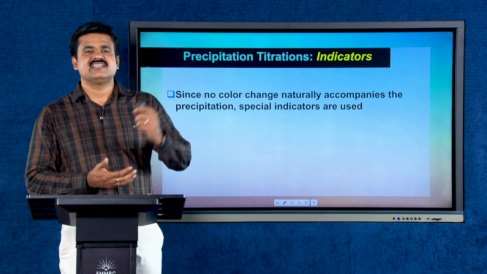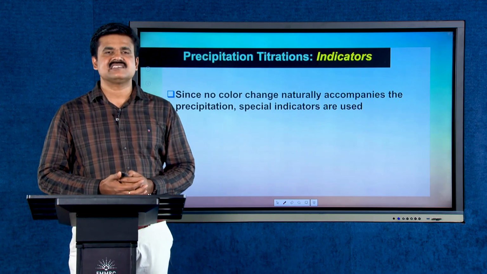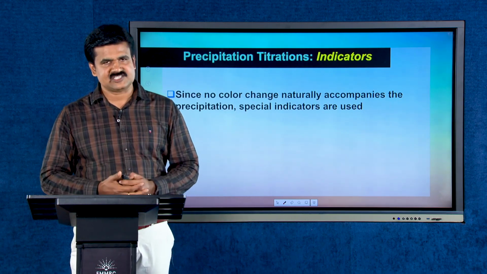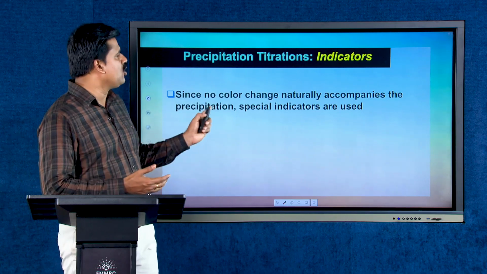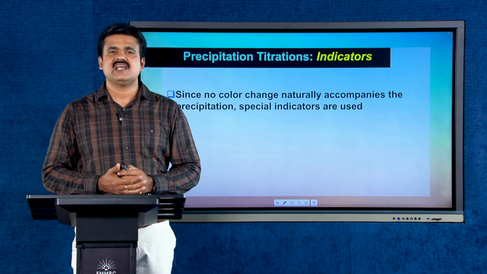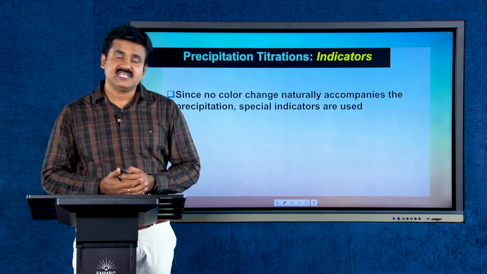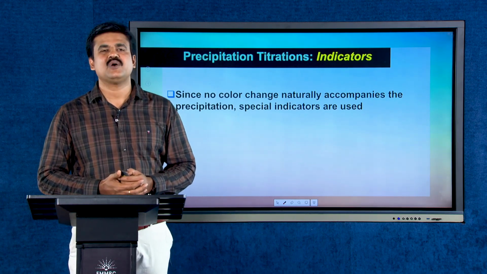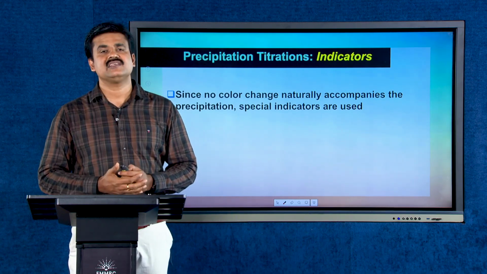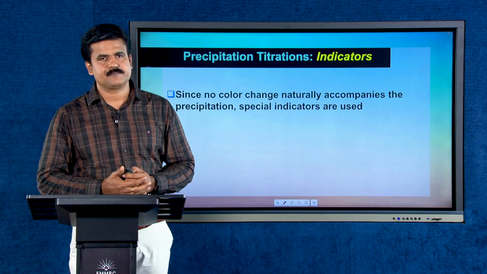Now, we are discussing indicators used in precipitation titration. Since no color change naturally accompanies the precipitation, a special kind of indicator is used to identify the end point in a precipitation titration.